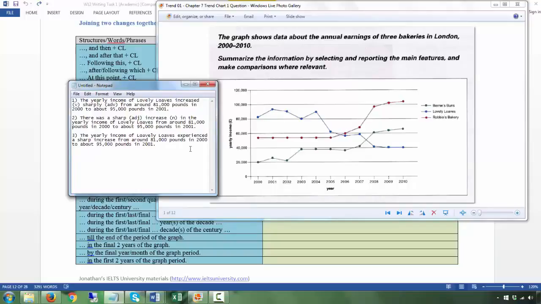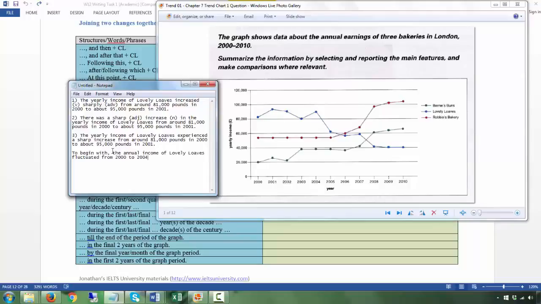You can start with, if you're going to talk about, say this is the third paragraph, which is the first body paragraph, you want to start describing this first, and then maybe the next paragraph, the fourth paragraph, these two. You could start with, to begin with, the annual income of lovely loaves fluctuated from 2000 to 2004.